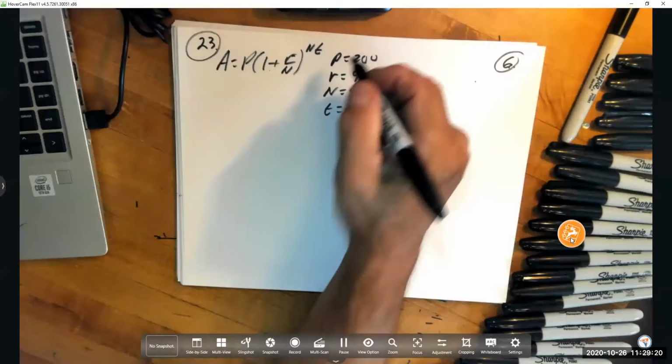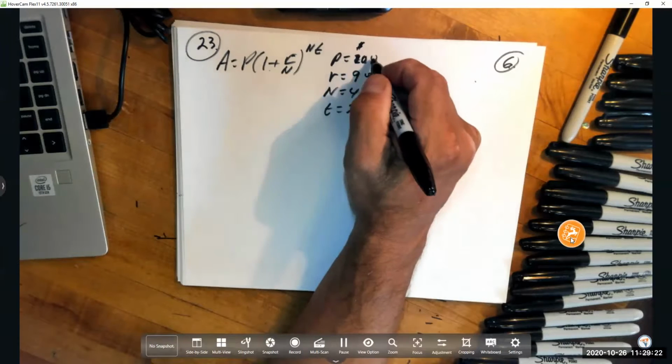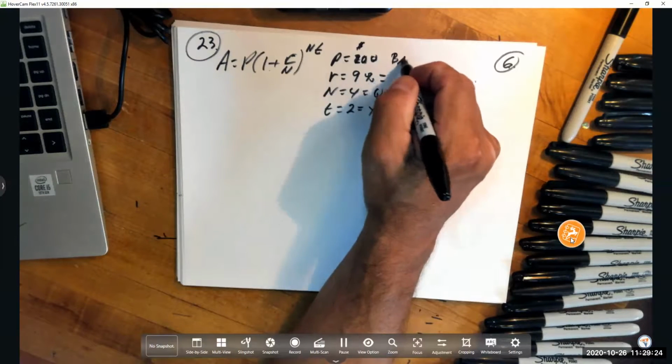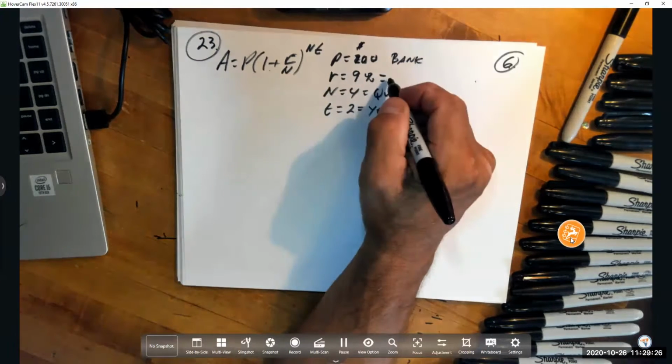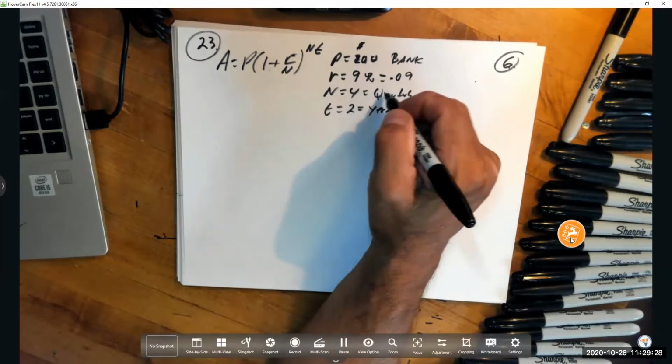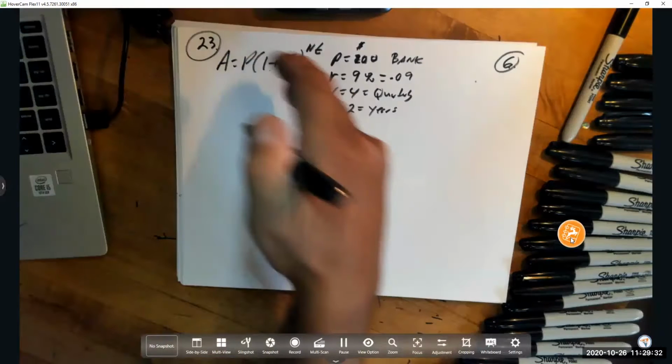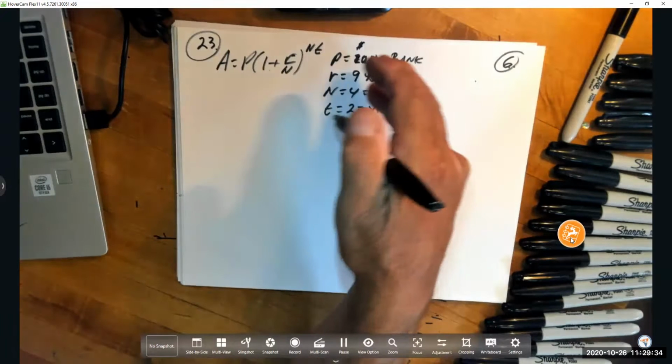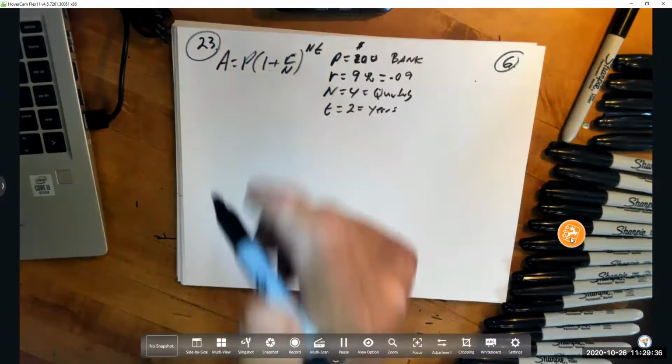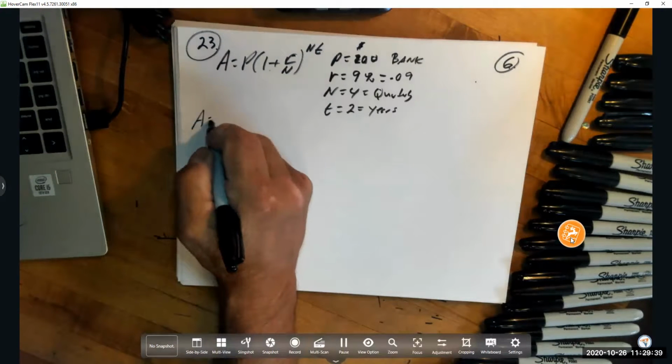All right. I'll just say what all this stuff means. You put $200 in a bank. The bank says we'll give you 9% quarterly. Means 4 times a year. Every 3 months, we put money in your account. And at the end of 2 years, you'll have more money in your account. So it goes like this: $200.